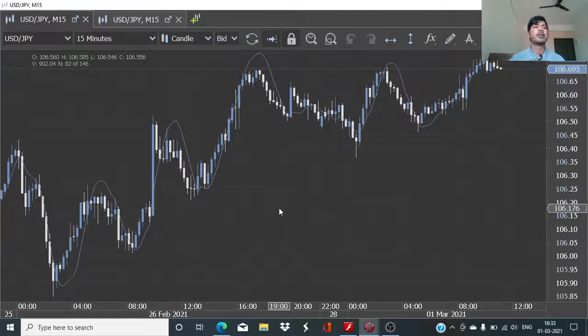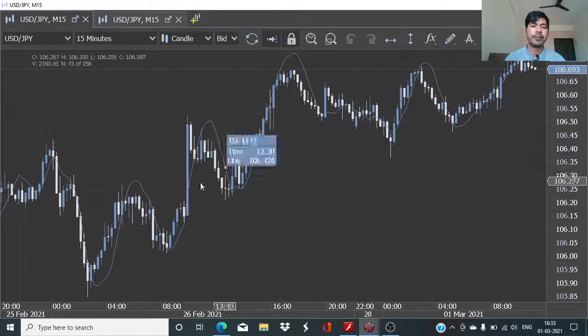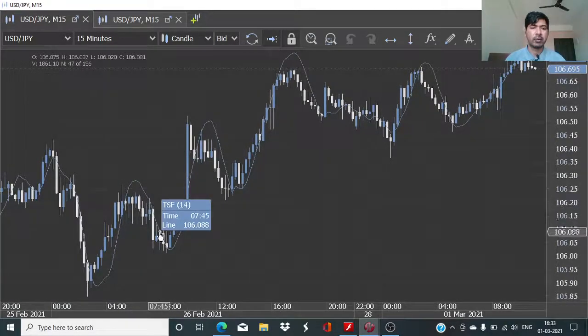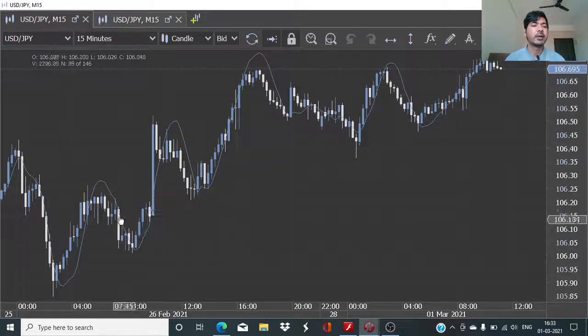Here this is the Jforex platform, and for the sell side we need the time series forecast values to be on the decline, and in the last 15 minutes there should be substantial selling momentum that requires the closing price to be less than the opening price by at least more than 3 pips.